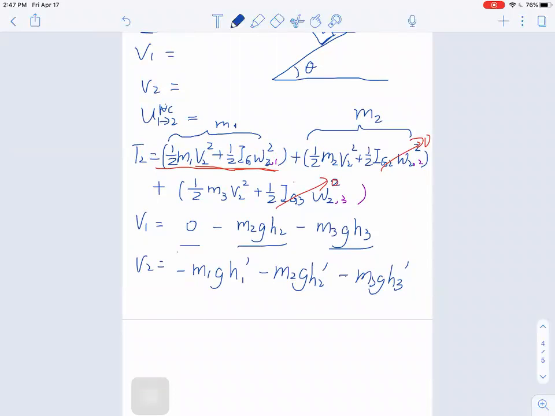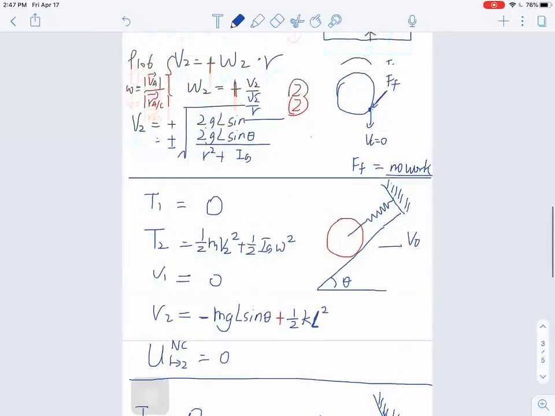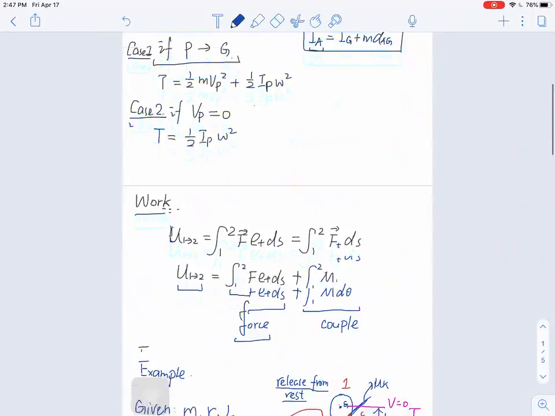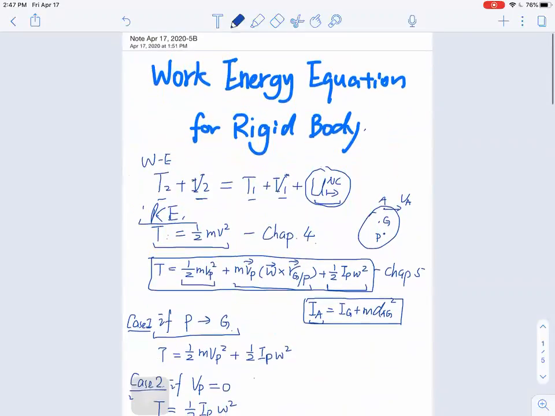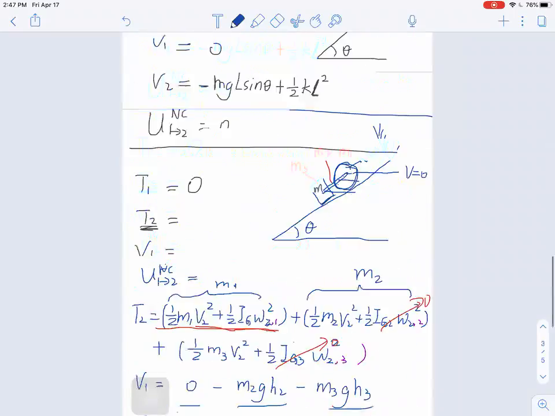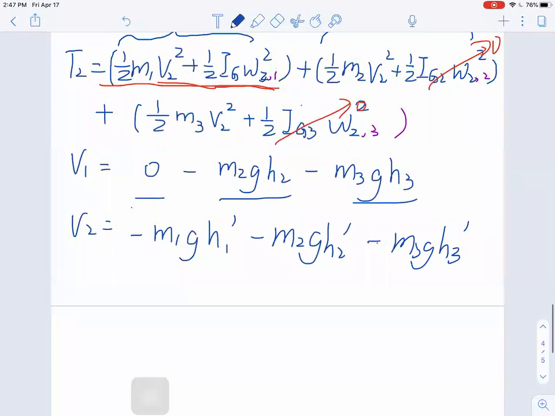That's potential energies. And don't forget, in the work energy equation, we also have the work done from non-conservative forces. So we need to consider that.